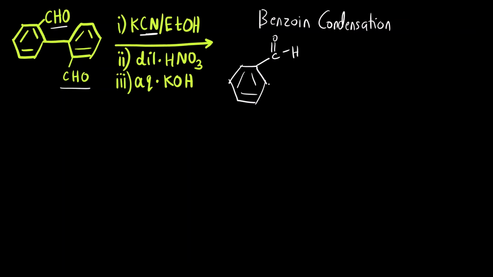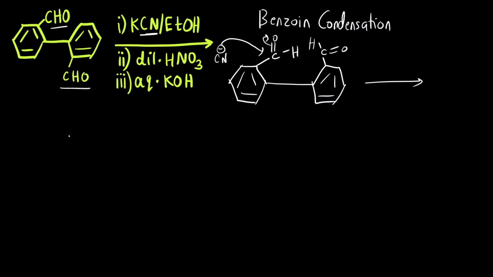C double bond O, and here also C double bond O. Now you are adding what? Cyanide ion. So it will add to any one of the carbon atoms. Okay, this will open up, C O minus, H and CN.